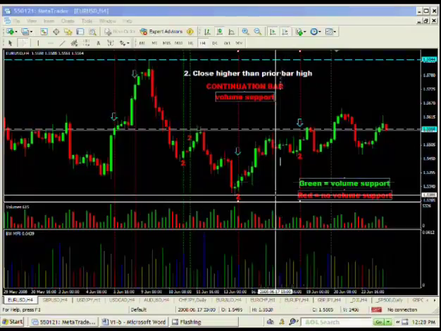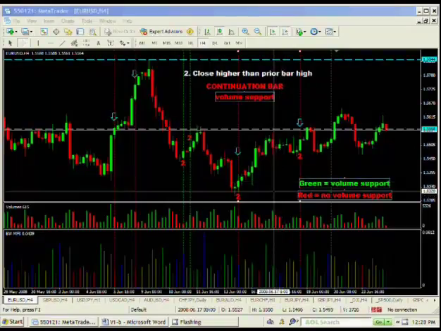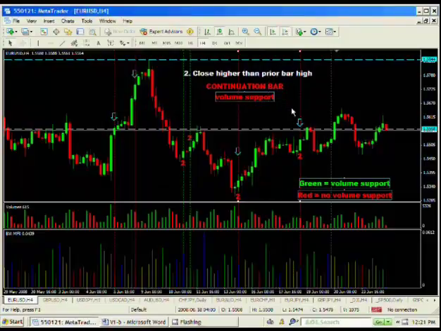When we talk about a movement that's supported by volume, or volume support, we're going to take this example. We're going to look at some continuation bars and how volume support affects these bars. Looking on our chart here, I've marked some green and red vertical lines.